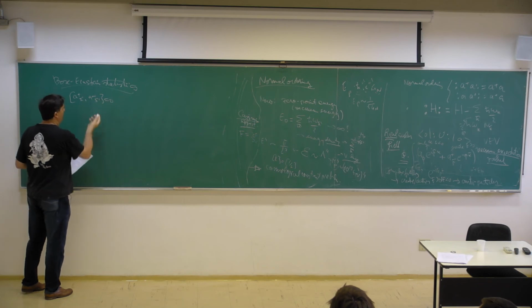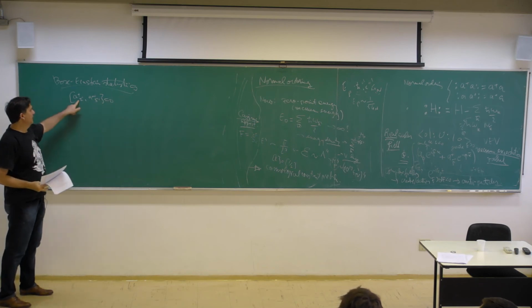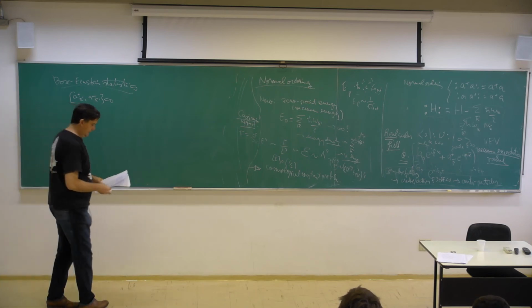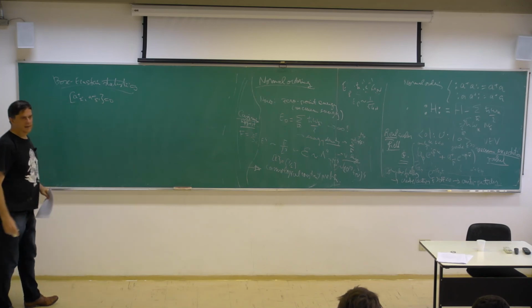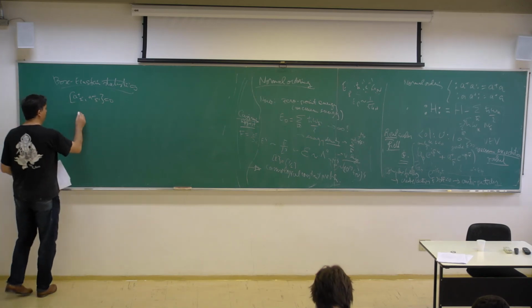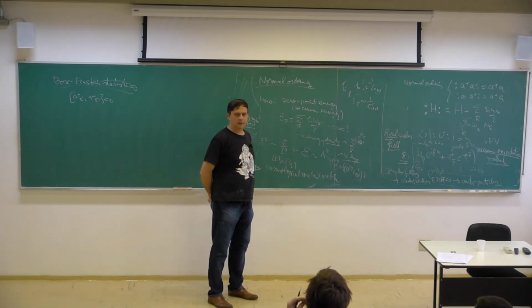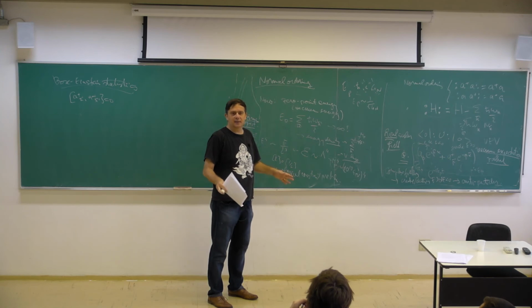one of the things that we used was that the creation operators A dagger commute among themselves, right? So what does that mean now for some physical state? I've shown to you the Fock space representation, which is a basis of states, right?